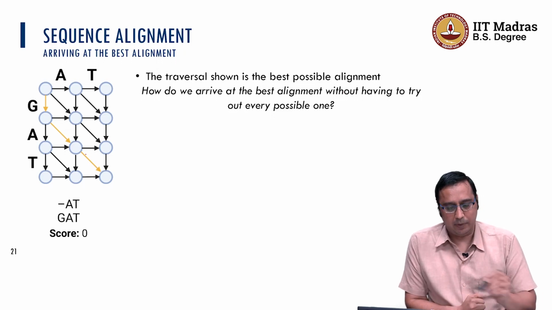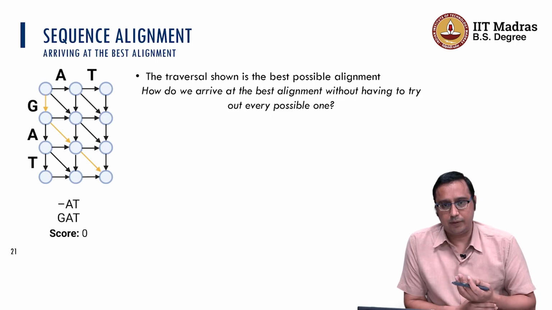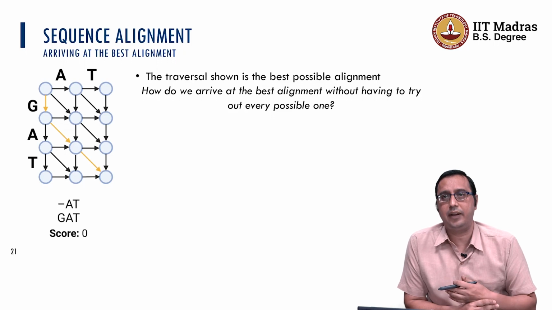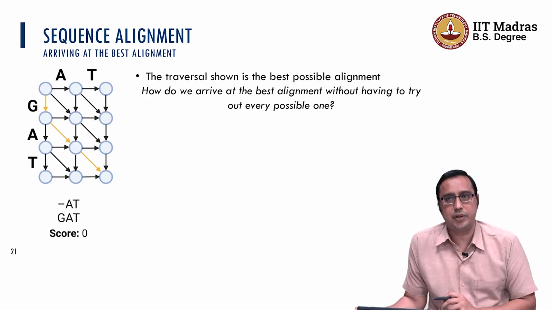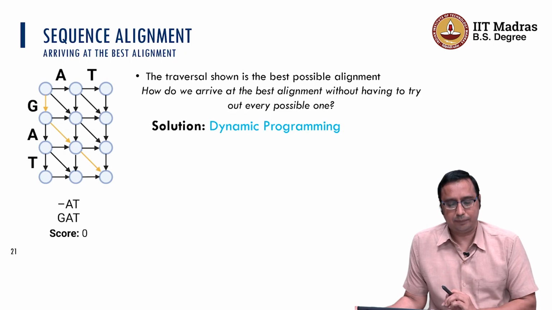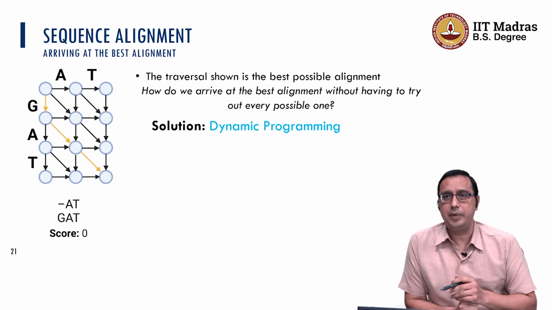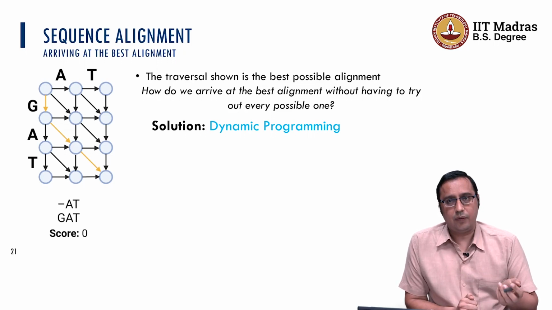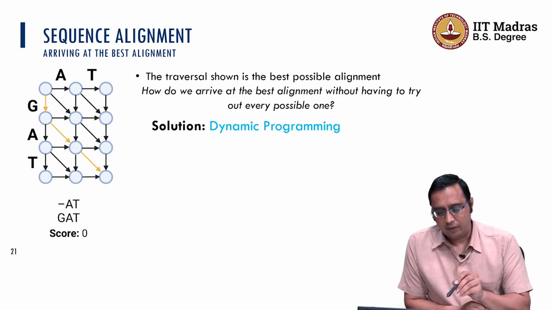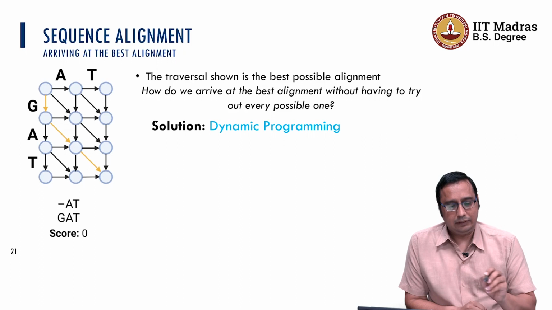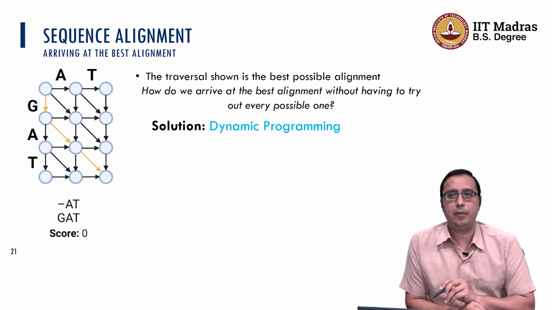Here we have shown the best possible alignment by trying all other possibilities, but in general we want to know how we arrive at the best alignment without having to try out every possible alignment. So the Manhattan touristic problem in the literature has been solved using dynamic programming. Since we have shown that the sequence alignment problem is analogous to the Manhattan tourist problem, we can solve this particular problem using dynamic programming also.